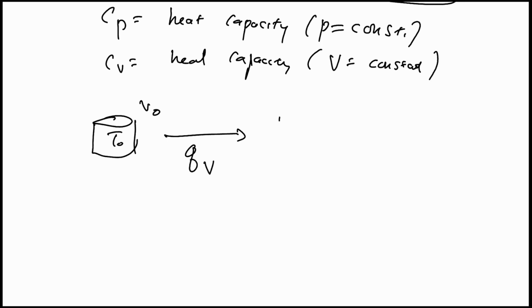I'm making up some notation here. So this is V equals constant, and so there's a delta U for that process.